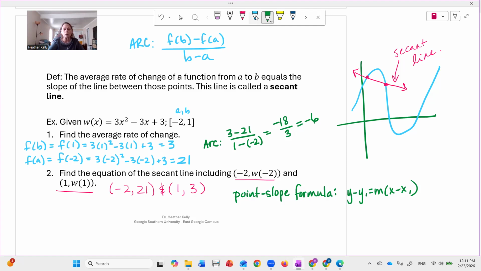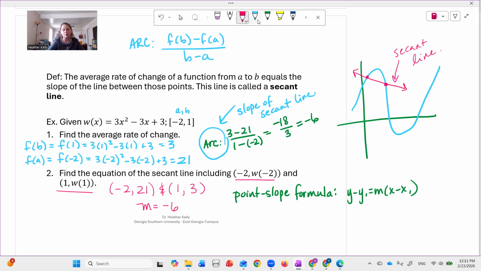We know what our slope is because this is also the slope of the secant line. So we know this m is equal to negative 6.